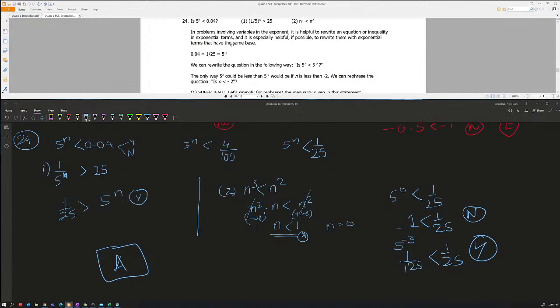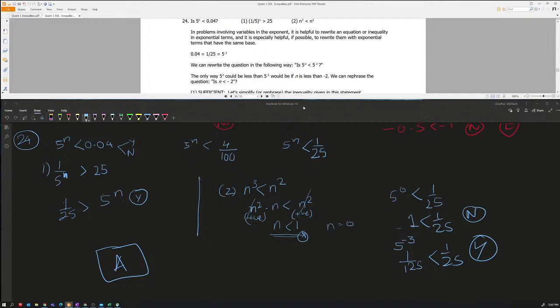Awesome. The solution says that in problems involving variable exponents, it's helpful to rewrite the equation or inequality in exponential terms, and especially helpful if possible to rewrite them with an exponential term that has the same base. So they have written this as 5 power minus 2.